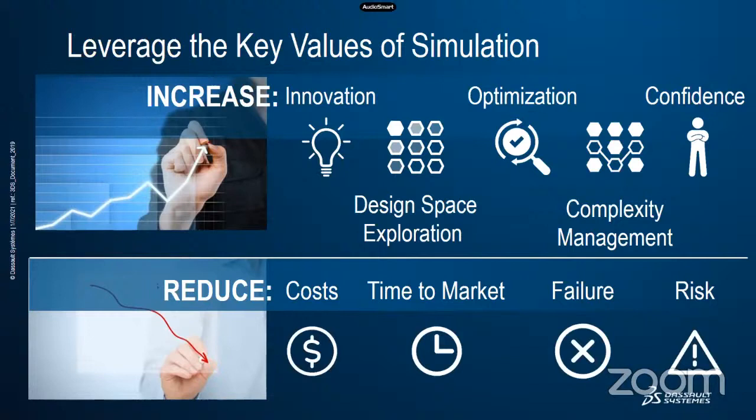These are the real values of simulation, the main values that are considered, especially as industries are concerned. They need to reduce time to market, reduce cost, and increase confidence level. So these are the major values of simulation.